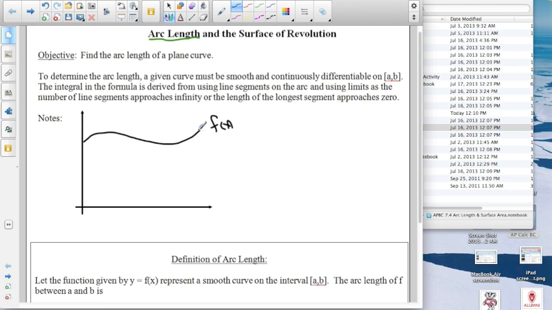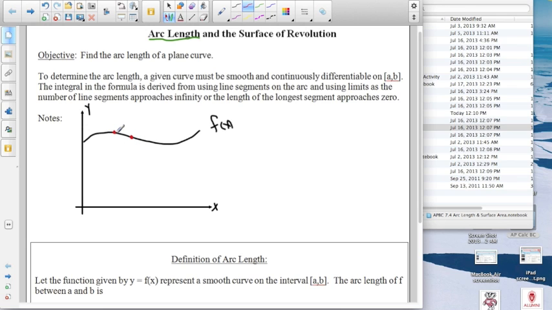So it would be like having a flexible tape measure and measuring along that curved surface. So if we think about that, from a Cartesian standpoint, with this being the y-axis and this being the x-axis, when we look at measuring the distance between 2 points on a function, we can arbitrarily pick maybe this point and this point.